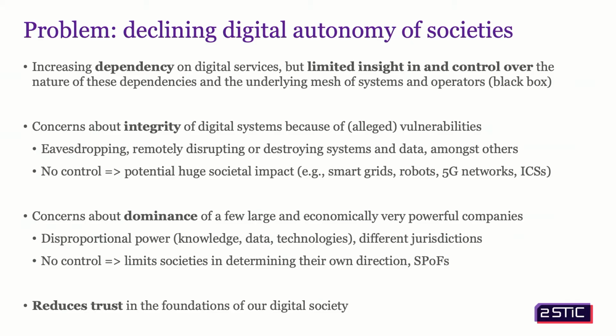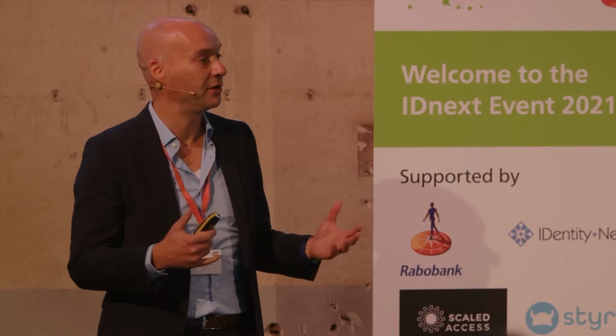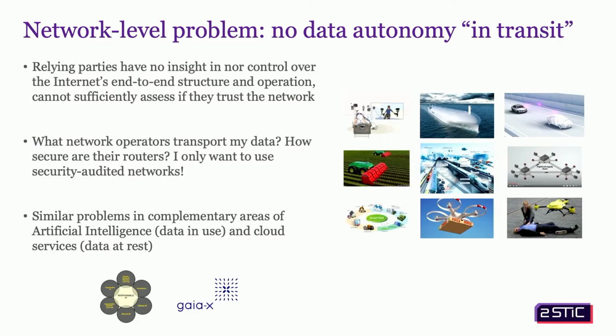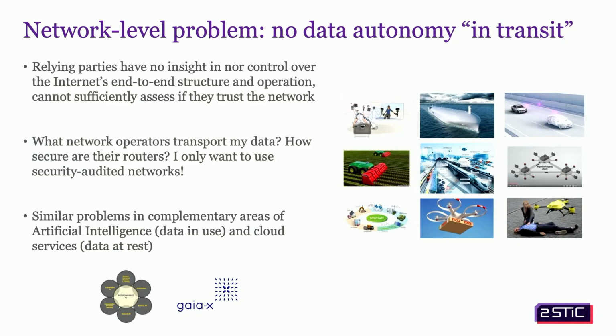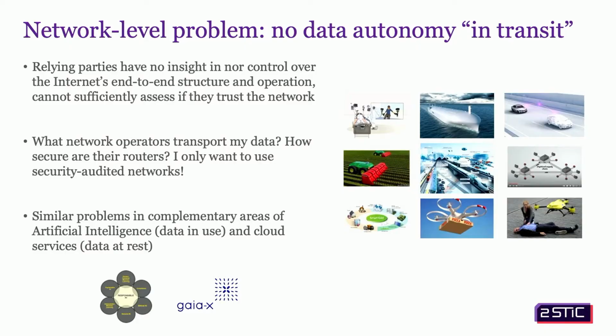That together, we think, reduces trust, particularly relevant at the network level. So basically, have they been security audited? Okay, and this is, we think, particularly a problem for applications that are not necessarily for web browsing or sending emails, but for applications such as these smart energy grids or autonomous vehicle systems, or maybe even ships that get steered to a harbor autonomously.